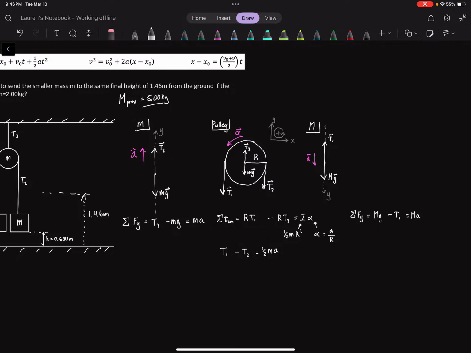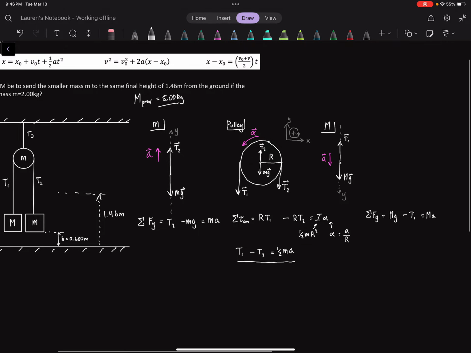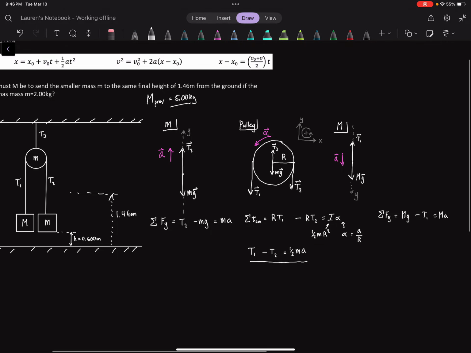So here we have some equations. So this looks great for being able to plug in T2 and T1. And then we can solve for a, and maybe that gets us somewhere.